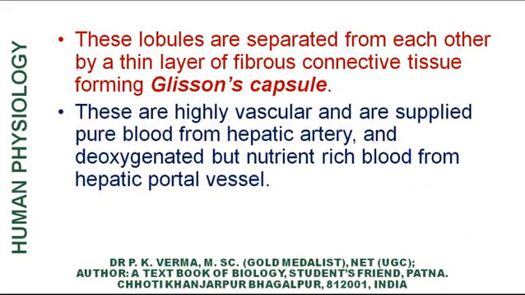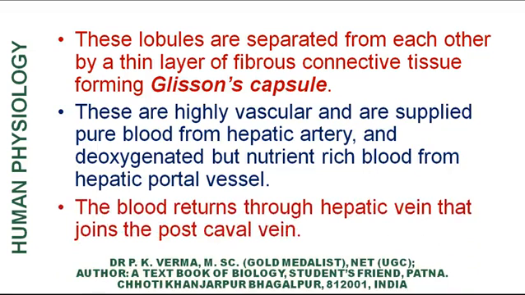These are highly vascular and are supplied pure blood from the hepatic arteries and deoxygenated but nutrient-rich blood from the hepatic portal vessel. This portal vessel carries blood from the intestine to the liver, so it is rich in sugar and amino acids.